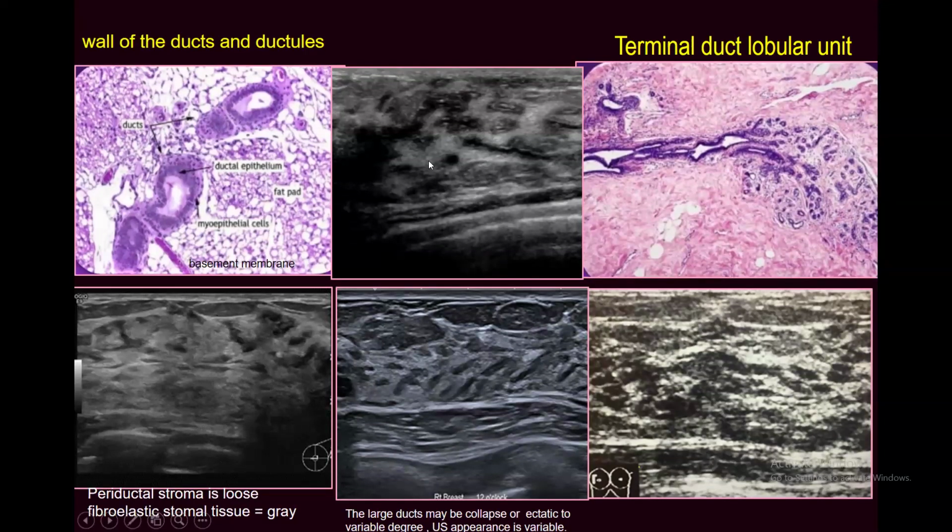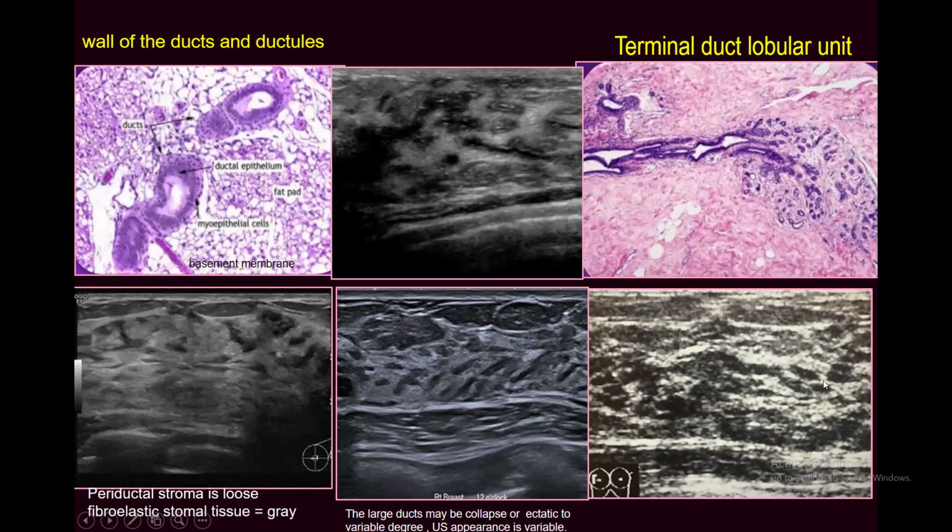We have seen this image of the ducts previously. And here, this is the image. These are the fluid-filled ducts, extralobular ducts. And these are acini. This is a lobule.